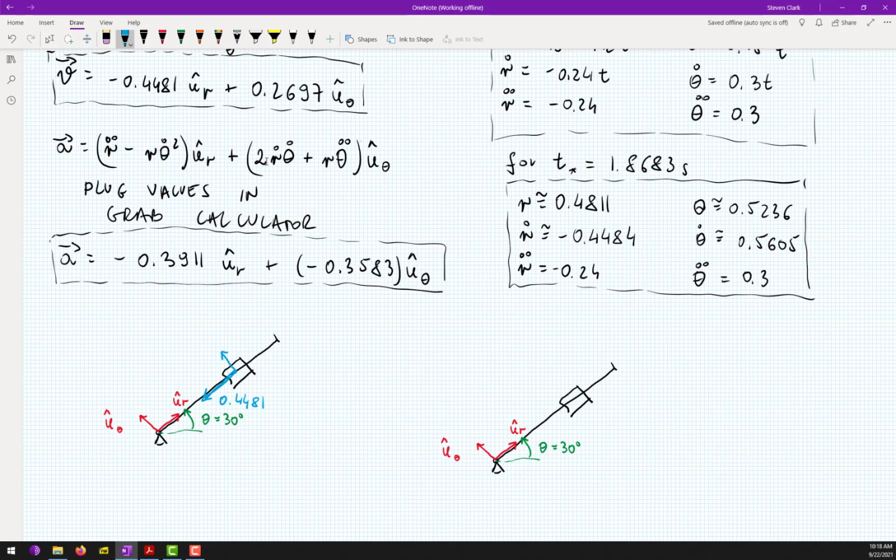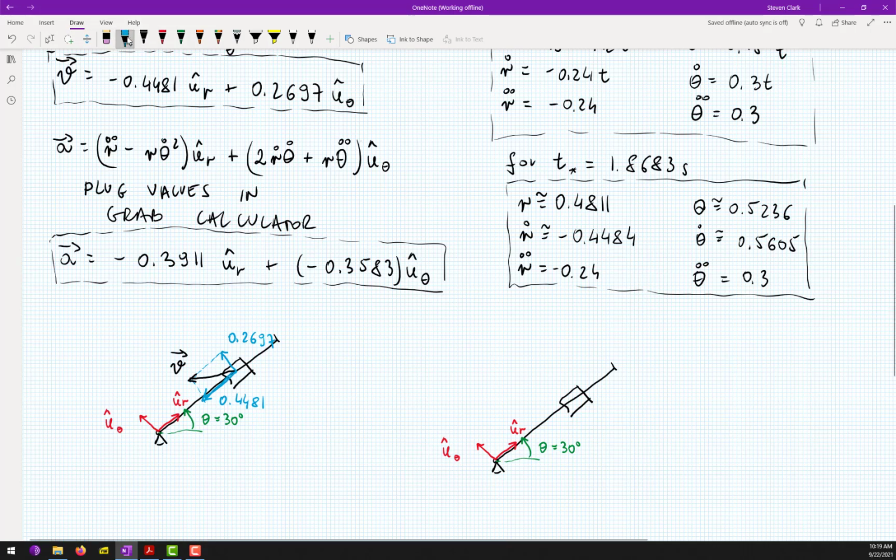So this is 0.2697. Okay, and this is our velocity vector, the velocity of our collar at this time instant.